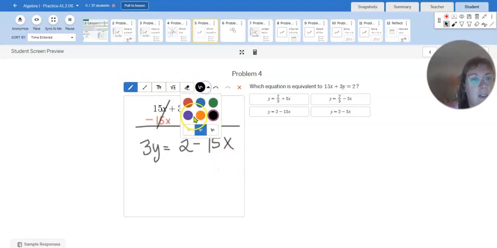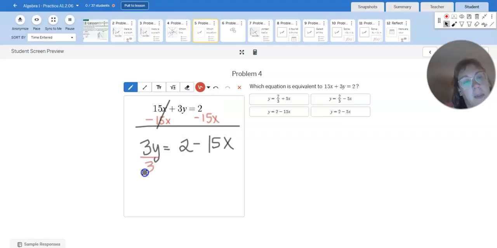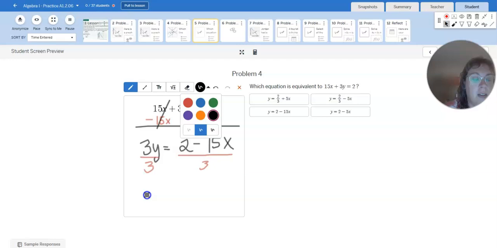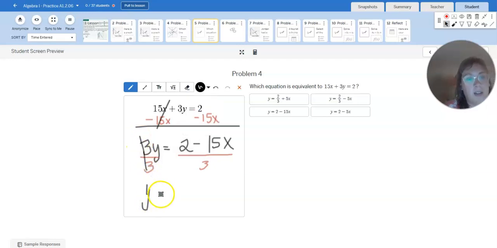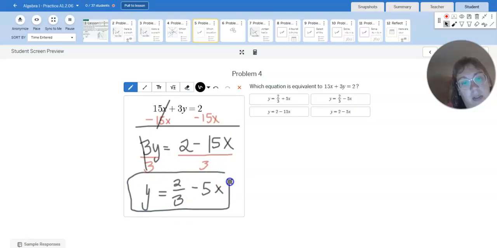And then we want to get rid of that 3. It's being multiplied, so we're going to divide everything by 3. 3 divided by 3 is 1, so we have y equals 2/3 minus 15 divided by 3 is 5x. So we have y equals 2/3 minus 5x. Right there. Beautiful.